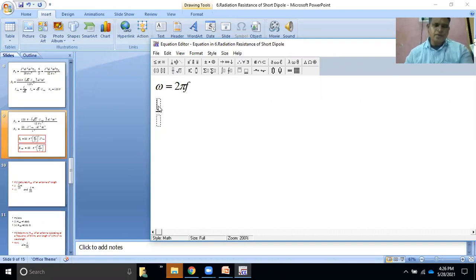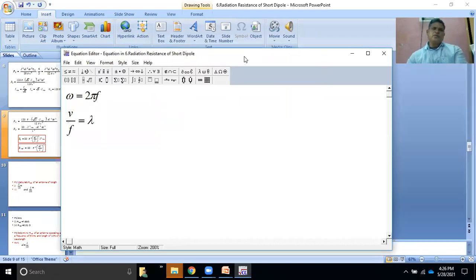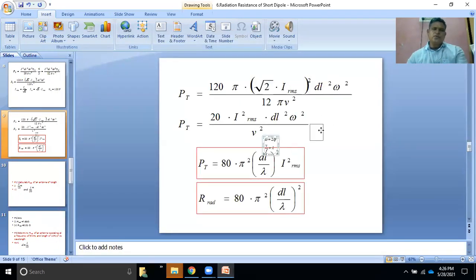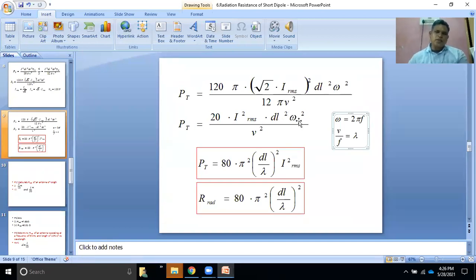We already know that this is lambda. V by f is equal to lambda. Therefore V square, f square, omega is 2 pi f square, that is 4 pi square. 4 into 20 is 80 pi square. F square is there, so you can write V by f whole square, which means lambda square. You can write DL by lambda whole square into IRMS square.